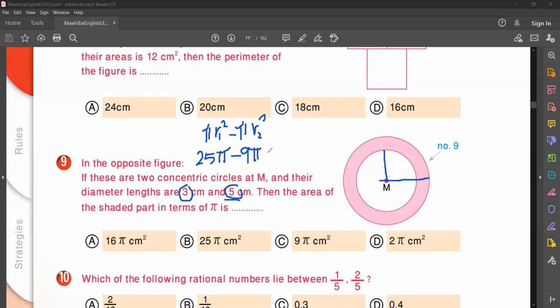Then you subtract 25 minus 9, it is 16 pi. So the answer is number A. You find the area of each circle and you subtract, then you find the area of the shaded part.